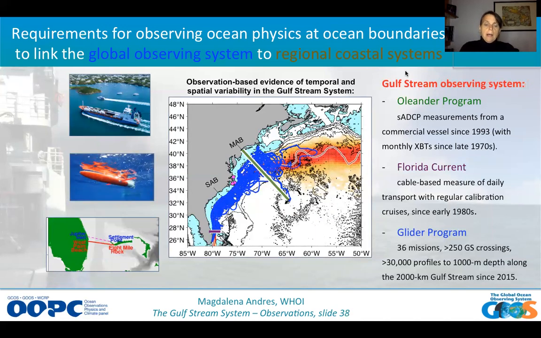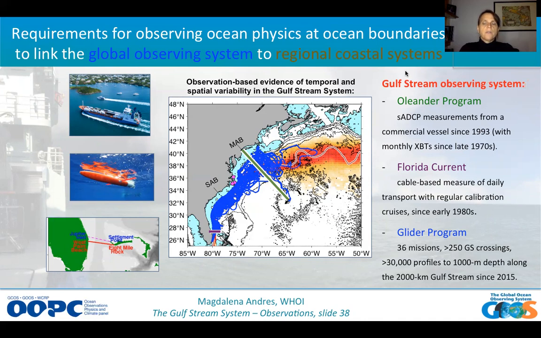There's a big distance between Florida Straits and the Oleander line. And recently, we have gotten more information about the Gulf Stream between these 2 locations from the Gulf Stream Glider program. Since 2015, there have been about 36 missions. In these missions, the glider swings back and forth across the Gulf Stream.